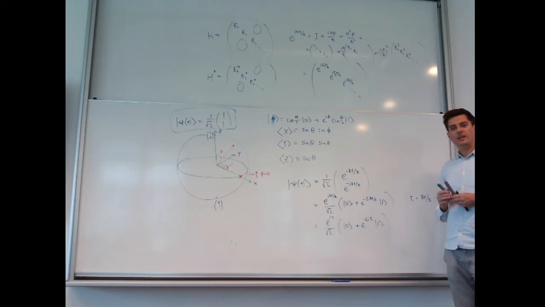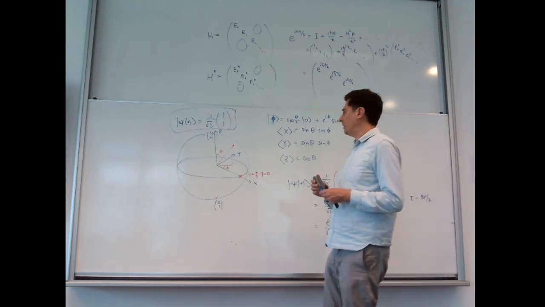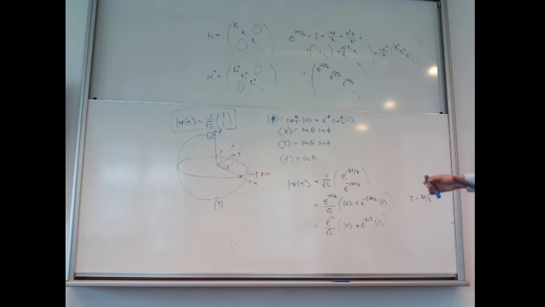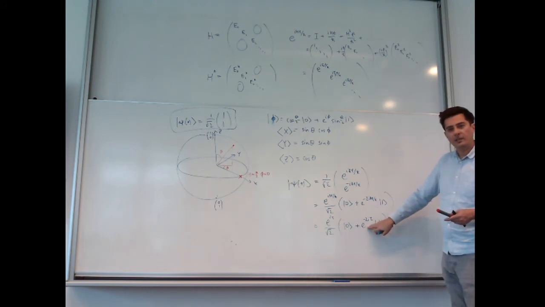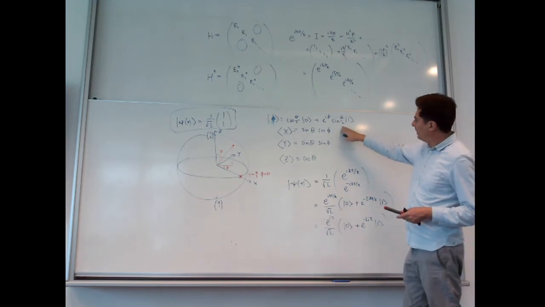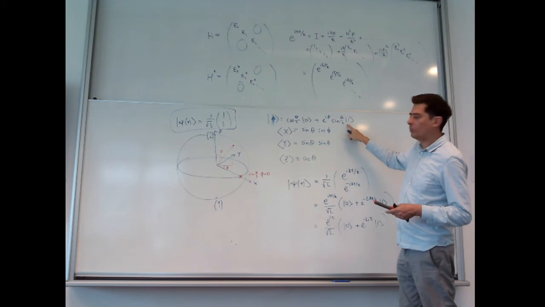Like it's rotating around the circle. Yeah. Which circle? The XY plane. Yes, XY plane. Exactly. So this is just some phase here, right? And remember, the general form is also some phase here on this one.